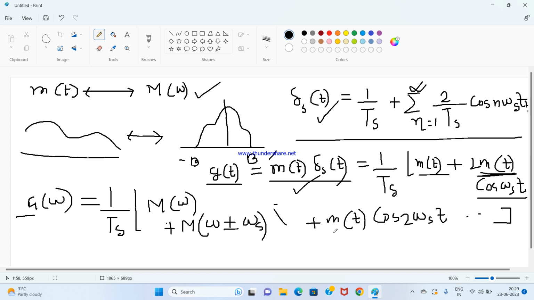This is the frequency shifting property.